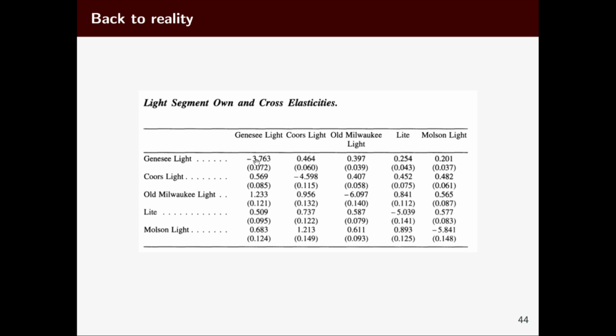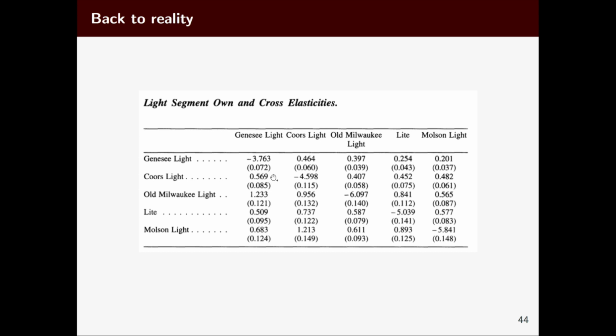So all of these beers, if they're put on sale, is going to increase revenue to whoever's selling them. Cool. The other thing to look at, let's look at now this Coors Light. We're going to look at the percent change in Coors quantity demanded for Coors Light given a percent change in the price of Genesee Light. That is predicted to be 0.569. Positive 0.569.